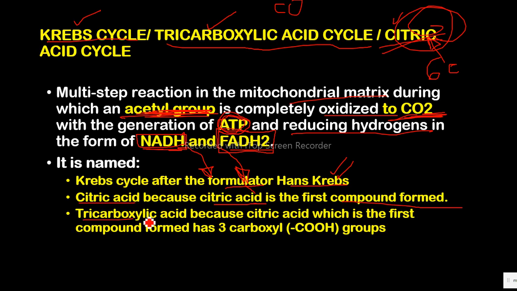And it is tricarboxylic acid because the citric acid formed has 3 carboxyl groups. You can imagine 3 carboxyl groups. And actually it is these 3 carboxyl groups that will be removed. Those are the 3 carbon dioxide molecules that will be lost in the process, as we are going to see.